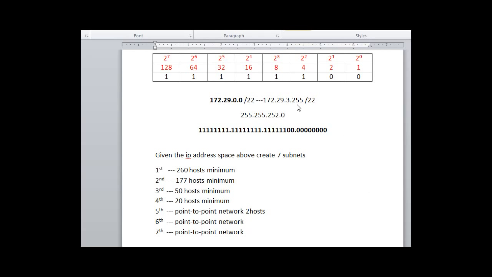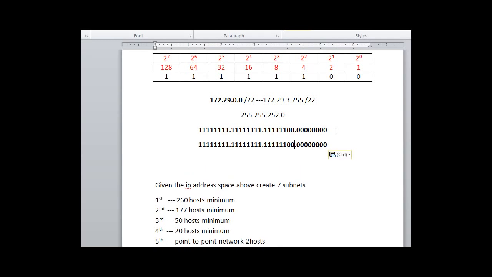Okay, right now with the /22 subnet mask, how many hosts are in this network from 0.0 to 3.255? Well, we can figure that out pretty easily by looking at this example I'm going to show you right now. If this was a traditional 24-bit subnet mask, it would look like this, right? That would be /24. And in a /24 network, you've got 256 hosts, right? Every 0 that you add, the hosts double. So if it was /23, you would now have 256 times 2, you would have 512 hosts.